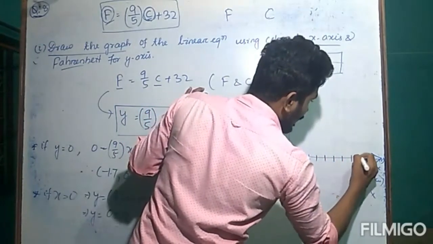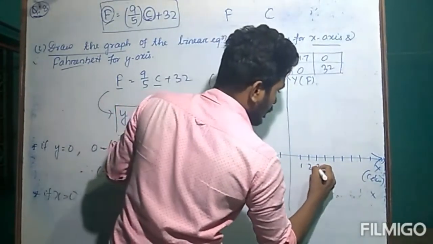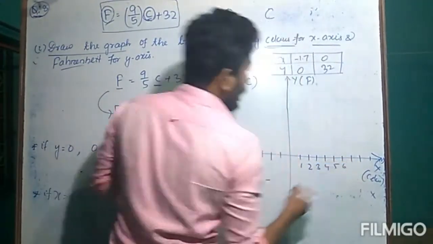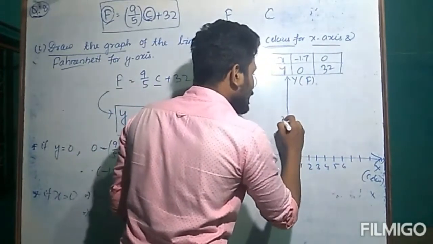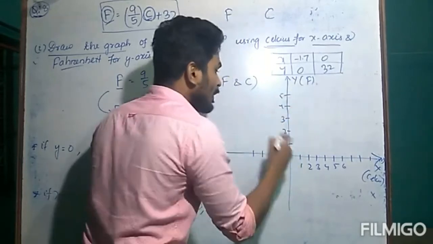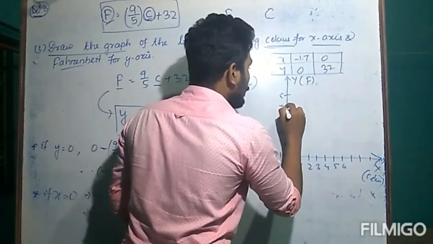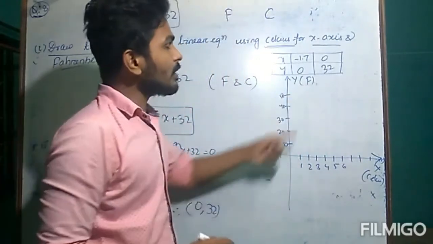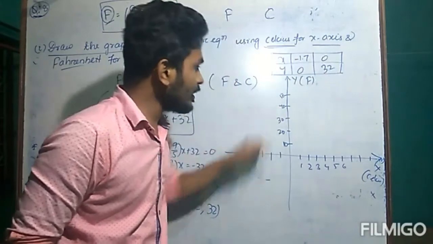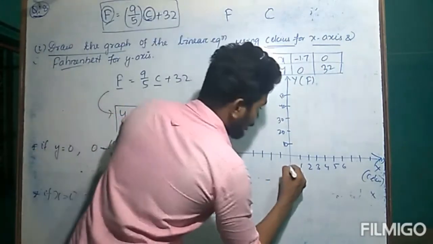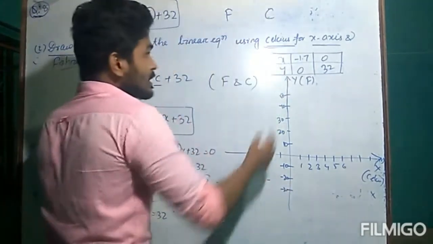Now on the y-axis you can take 1, 2, 3, 4, 5, or you can take 10, 20, 30, 40, 50. Why? Because the y coordinate is very large. That's why I choose the interval of 10, 20, 30. So it will be minus 10, minus 20, minus 30.